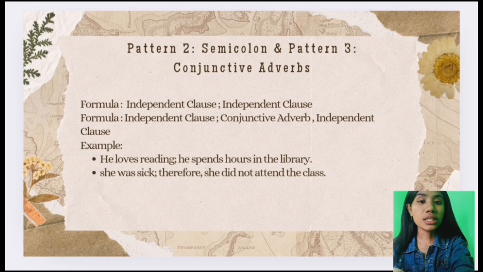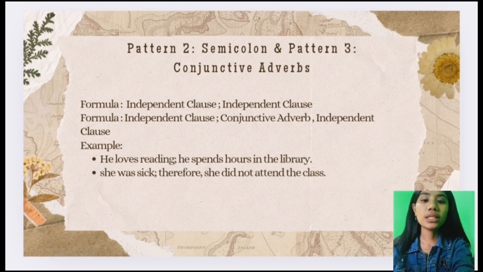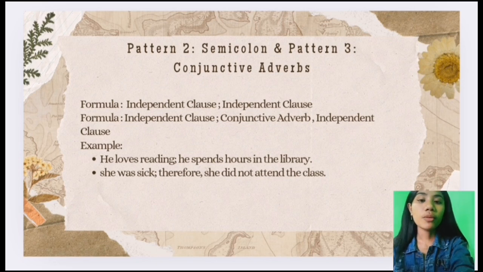And for pattern 3, conjunctive adverbs. Besides FANBOYS, there are also connectors called conjunctive adverbs, such as therefore, however, moreover, consequently, nevertheless, and furthermore. This is the pattern: independent clause, conjunctive adverb, independent clause.